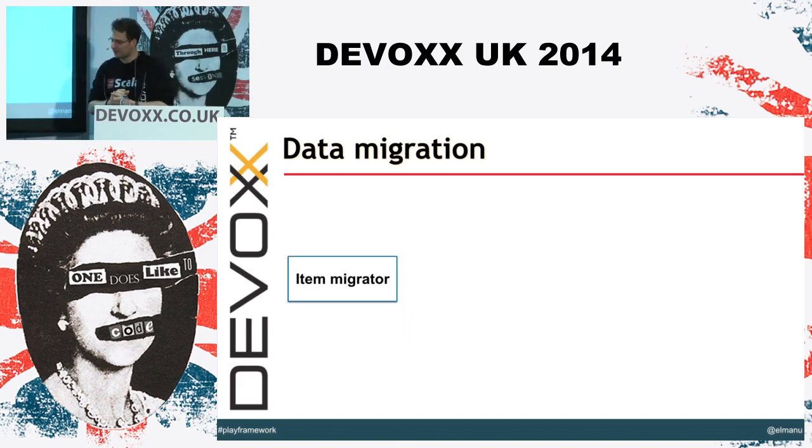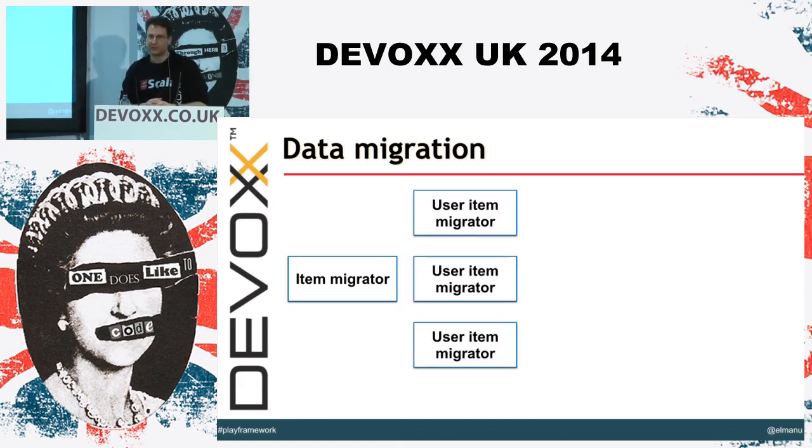For the item migration, it was a bit more elaborate. The item migrator would walk over the migrated users. For each user, not at the same time, but it would fire up, I think, 50 or so, or more. I don't remember the figures exactly, but it would fire up other actors of the kind user item migrator.